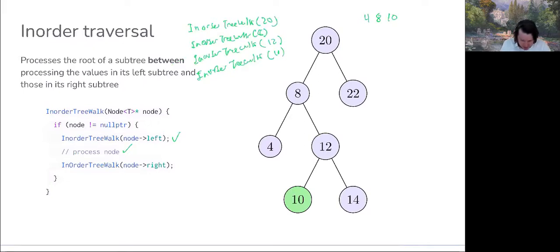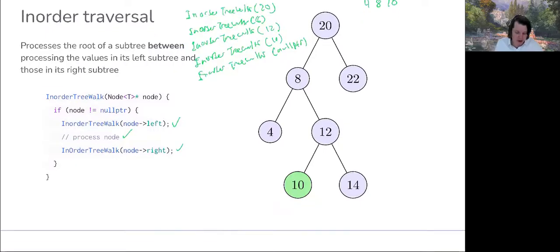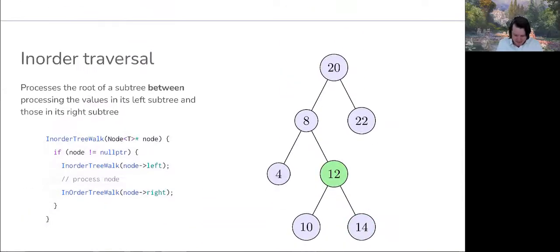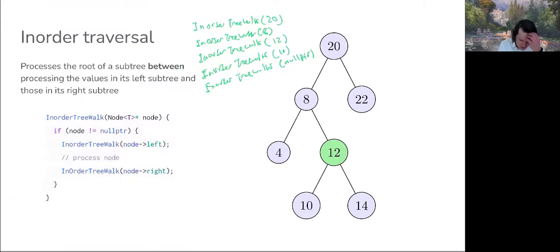Okay, now we're going to go ahead and check right. So in this case, inorder tree walk on the null pointer, and we'll see there's no work to be done there, right? So we're going to return from that function invocation, and then we'll return from the invocation on node 10, and guess where we're going to be? We're going to pick up where we left off in the function invocation of inorder tree walk for node 12.